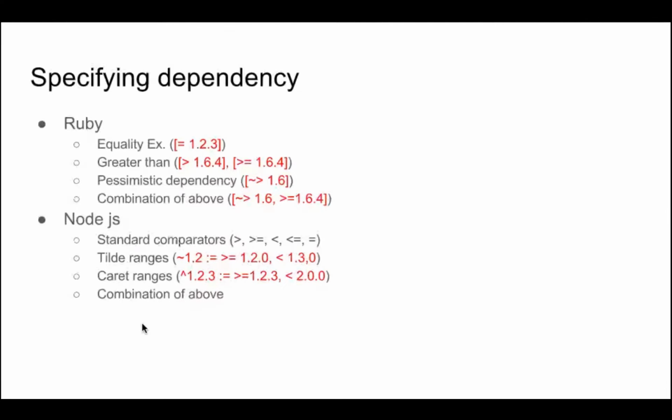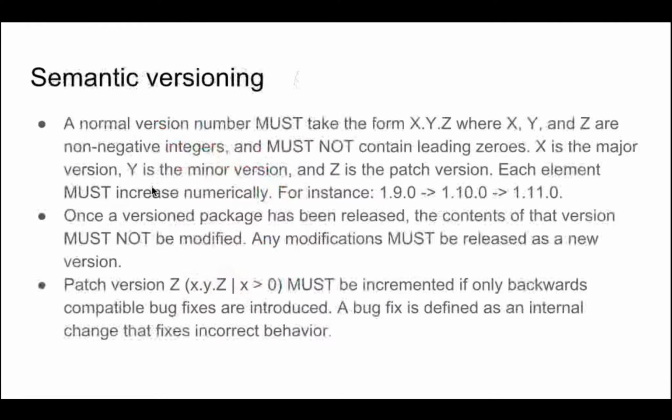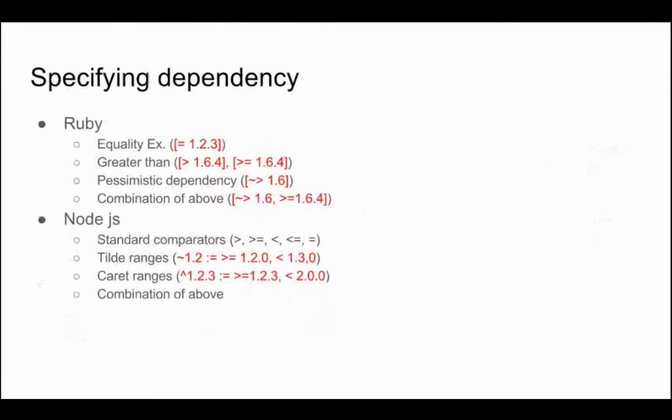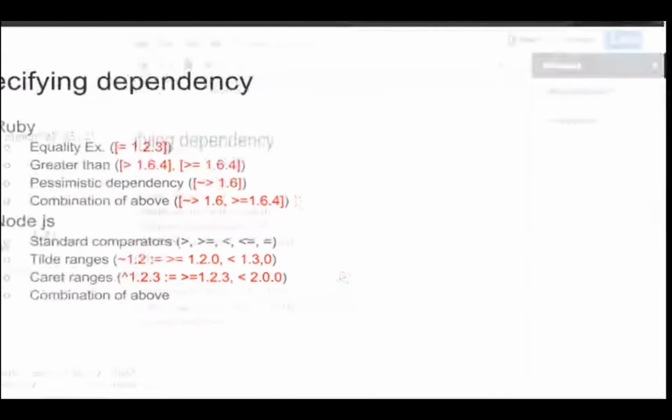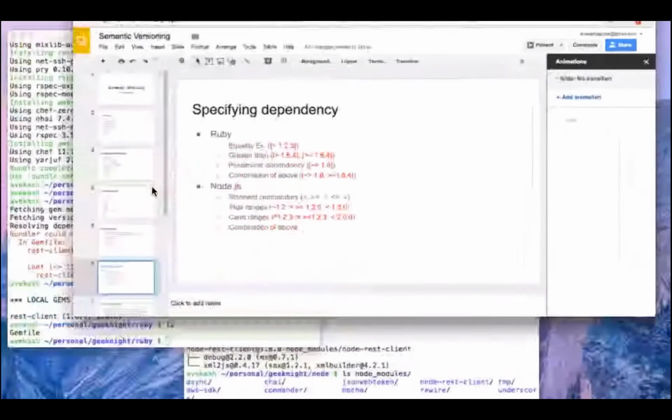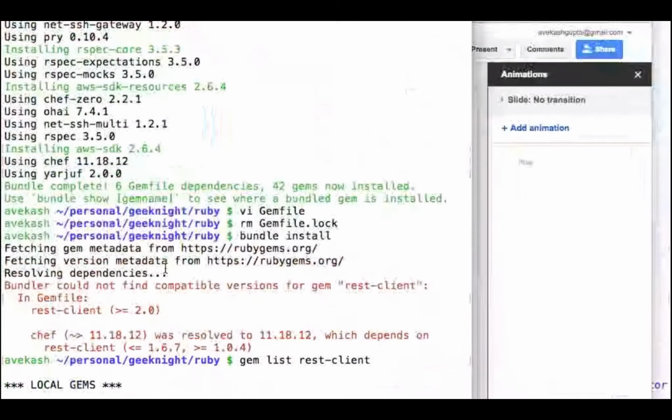You can read the website. I've just given a very small subset of this. Now, semantic versioning is one of the ways of solving this problem. I'll give you a demo of the problem and then we'll talk about the solution that exists.